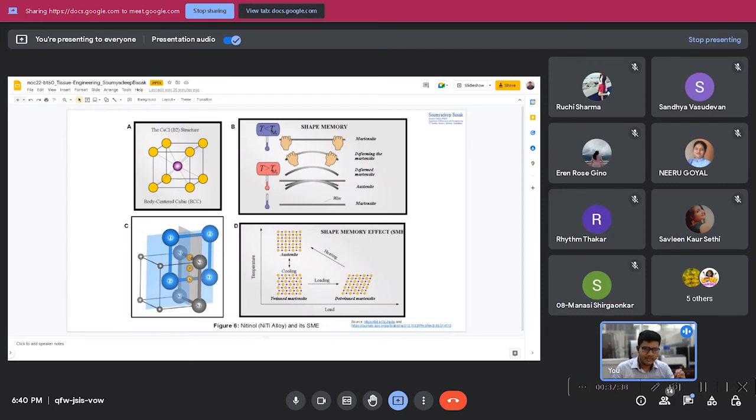When the temperature is raised to the austenitic form and then brought down to the martensitic form, we can make changes, and then when we increase the temperature again, it will gain back its original form. This shape changing behavior is called the shape memory effect, the change in the crystal units depending upon temperature or stress.